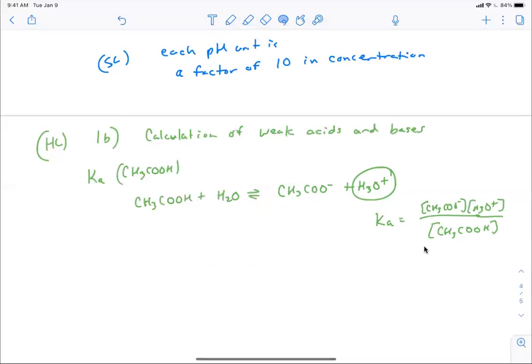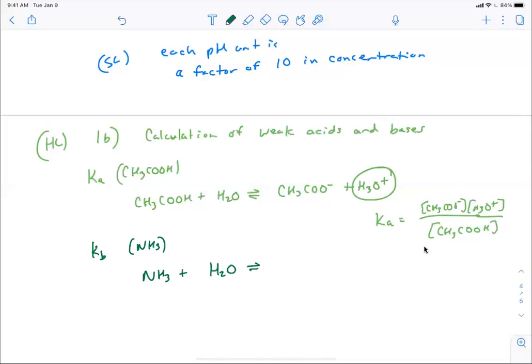Because you'll have to do a RICE chart. You'll be given the molarity of ethanoic acid, and you'll have to solve for the pH by figuring how much it dissociates by using Ka. And again, pay real close attention, because if you're dealing with a Kb, like for NH3, it's the same idea.